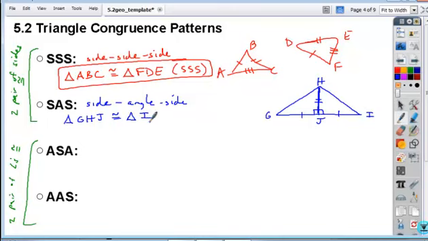Opposite the 2 tick marks is I. H is opposite the 1 tick mark, it corresponds to H, which is also opposite the 1 tick mark in the other triangle. And J is the right angle, it corresponds to J, the right angle in the other triangle. So here's our congruent statement. And we can justify it by 2 sides and the included angle, SAS.